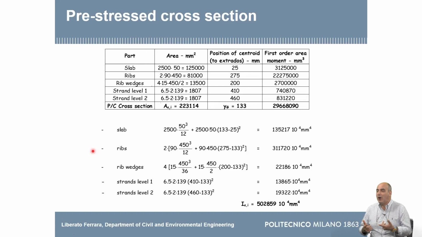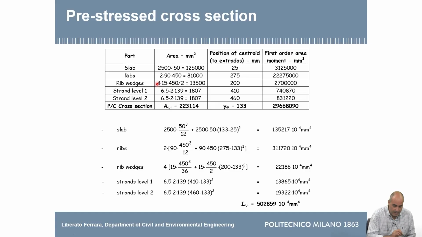So it will contribute to your area. So you have to recalculate all your geometrical characteristics, considering the effective cross-section in which you add up the pre-stressing tendons, and you see the pre-stressing, well, these are the same as before, there is nothing.